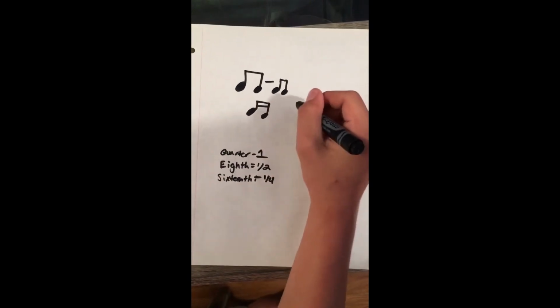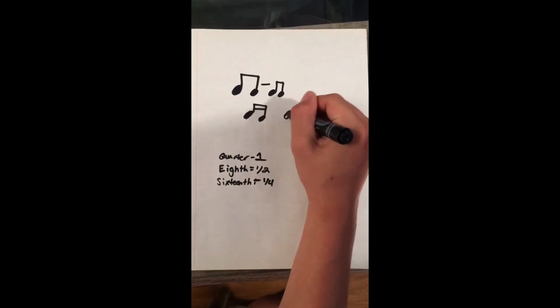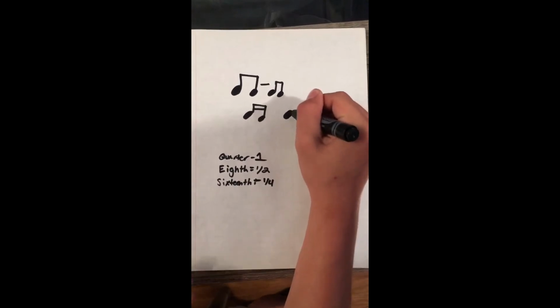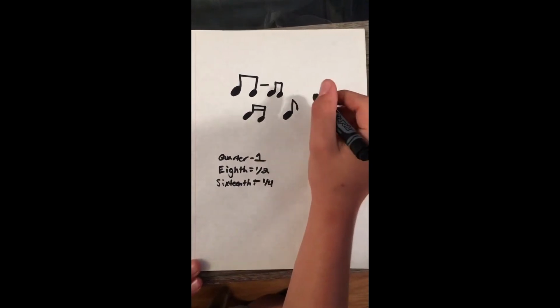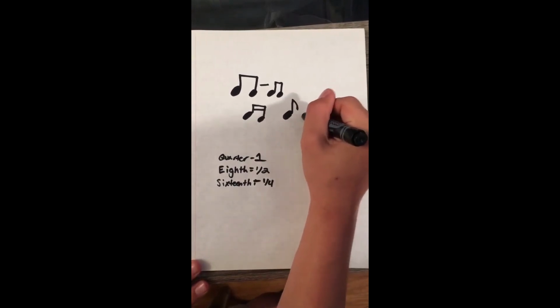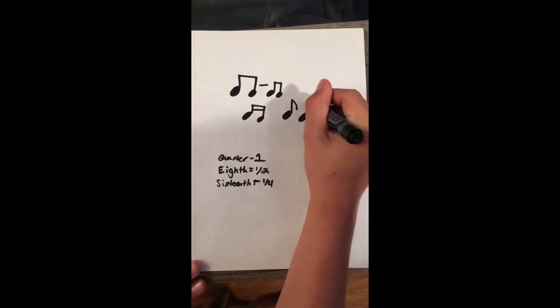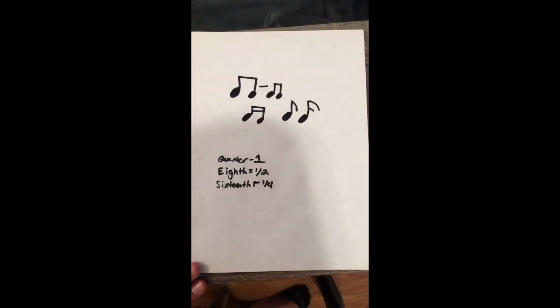A single eighth note looks like this. A single 16th note looks quite similar, but instead, once again, it has 2 flags. You've almost learned everything you need to know about note values.